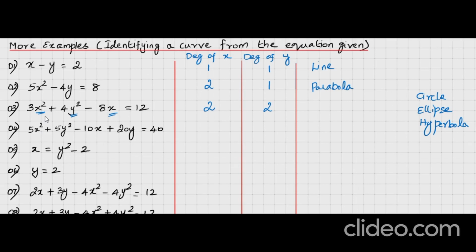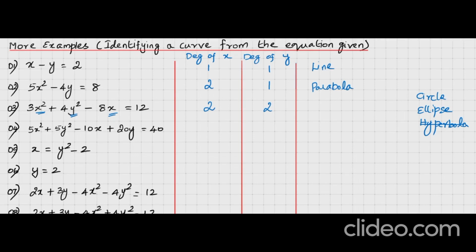The very first and foremost thing is you should check the symbols of x square as well as y square. Both are the same, both are positive. So surely it won't be a hyperbola. Only 2 choices remain.